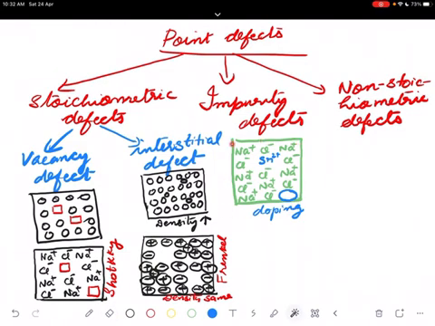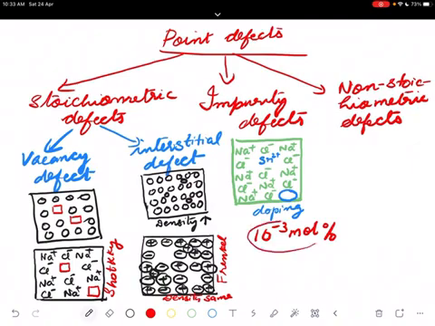NaCl when doped with SrCl2, some of the Na+ ions are replaced by Sr2+. See, 2 Na+ are replaced by 1 Sr2+. Similarly, these two Na+ can be replaced by 1 Sr2+. So how many Sr2+ are present, those many vacancies will be created. If NaCl is doped with 10 to the power minus 3 mole percent of SrCl2, what is the concentration of cation vacancies?